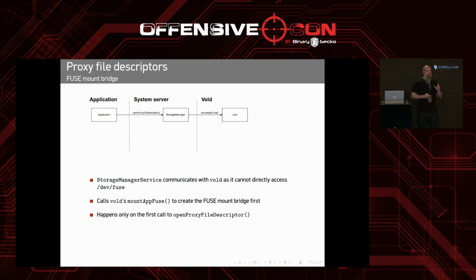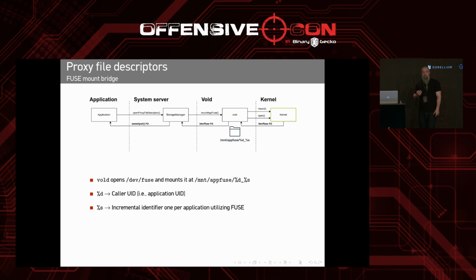And this is only performed the very first time an application wishes to open a proxy file descriptor. Now, vold communicates with the kernel and so on, and mounts the fuse file system under a directory named mnt/appfuse and an identifier consisting of information of the original caller, the application.